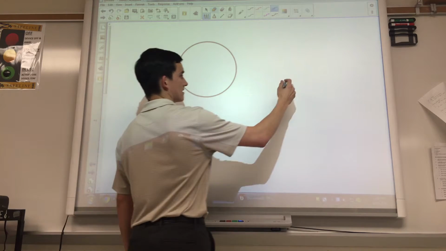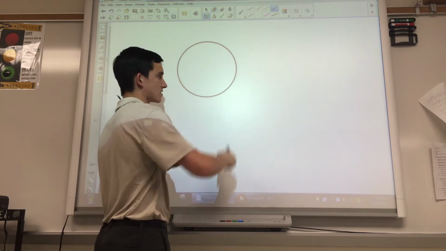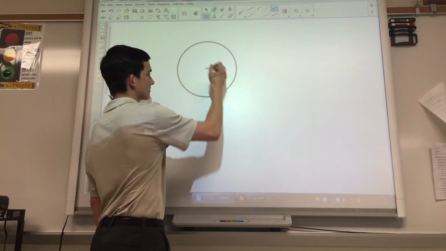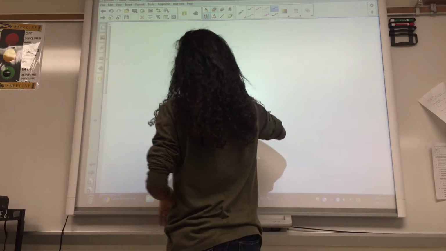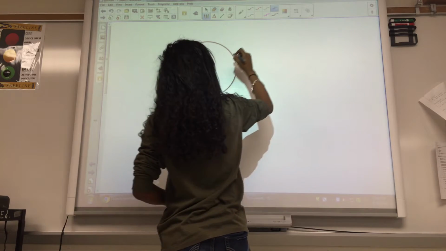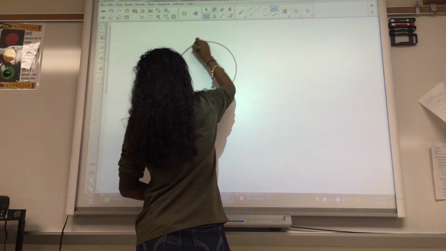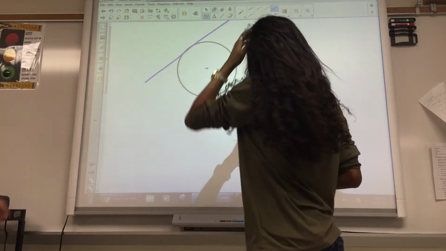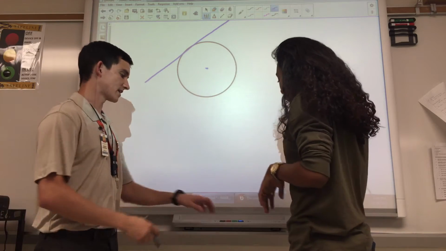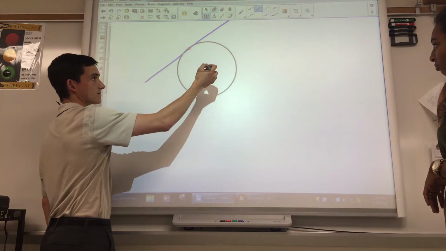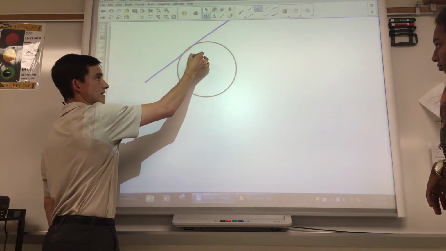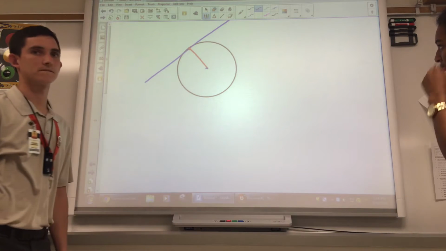Come up here. Make any tangent on this circle, anywhere, touching the circle in one spot. Now, what is the relationship between the point where this tangent touches the circle and its radius? What do you think?